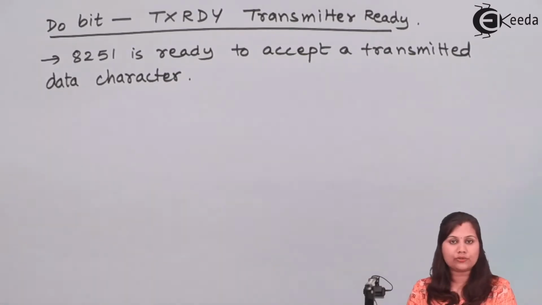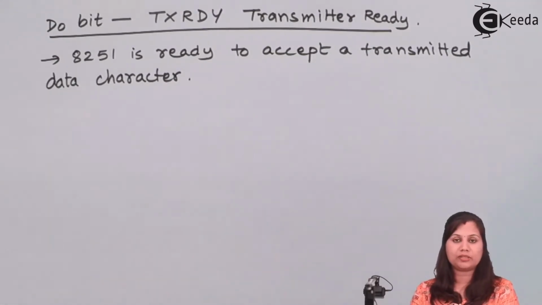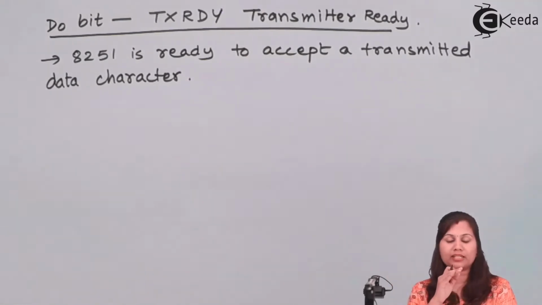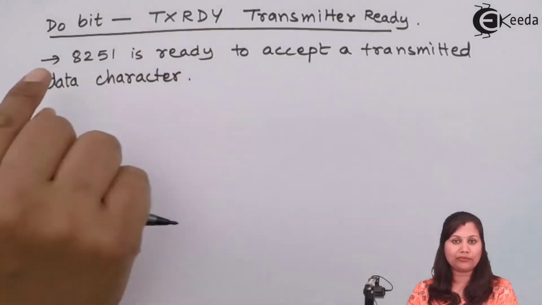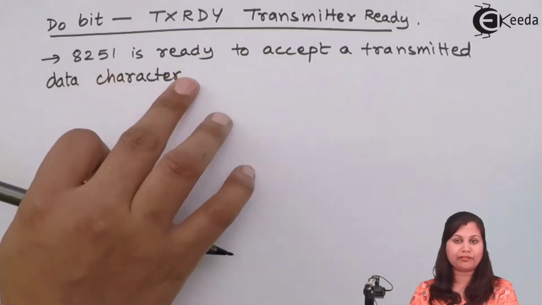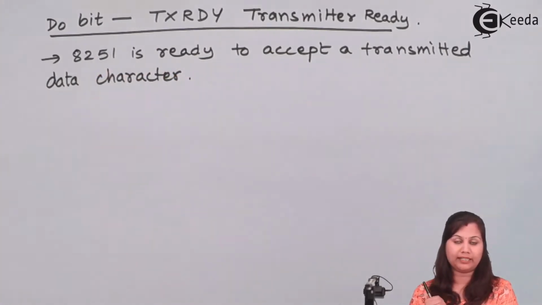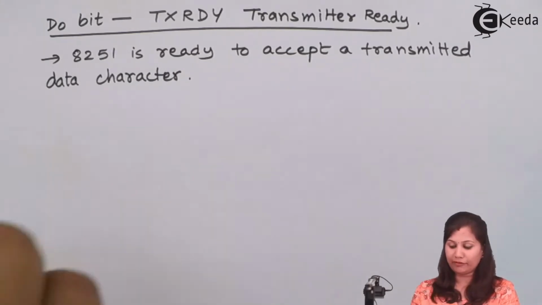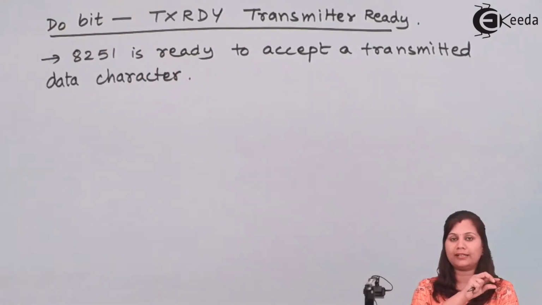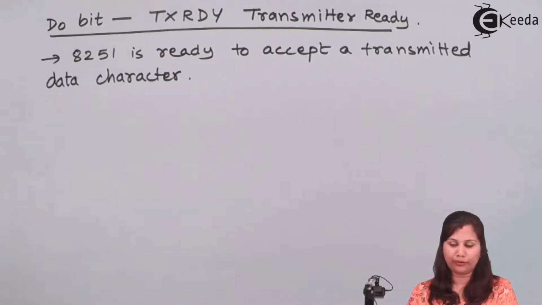Now this 8251 is connected between the microprocessor and the peripheral device. If the microprocessor wants to transmit the data and this TXRDY pin of 8251 is high, it means that the 8251 is ready to accept the data which is to be transmitted. So when the microprocessor sees this TXRDY pin set, data will be sent by the microprocessor to the 8251.